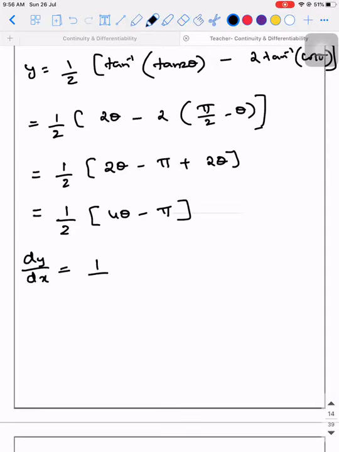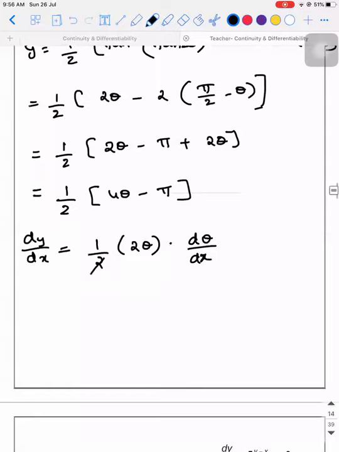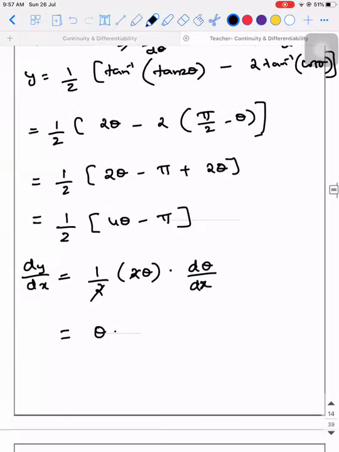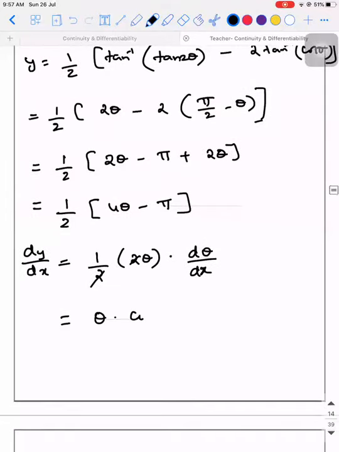So dy by dx will be equal to 1 by 2 into 4 theta minus pi, the derivative of pi is going to be 0, into d theta divided by dx, because you are going to use chain rule. Dx by d theta is secant square theta, which implies d theta by dx is cos square theta.